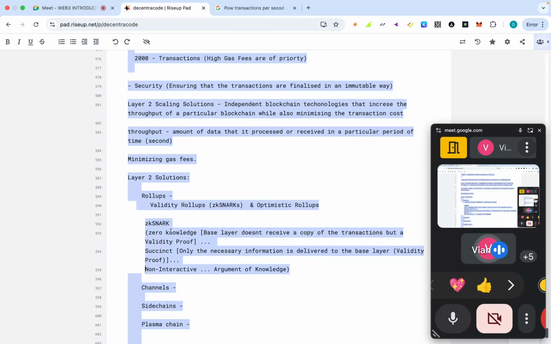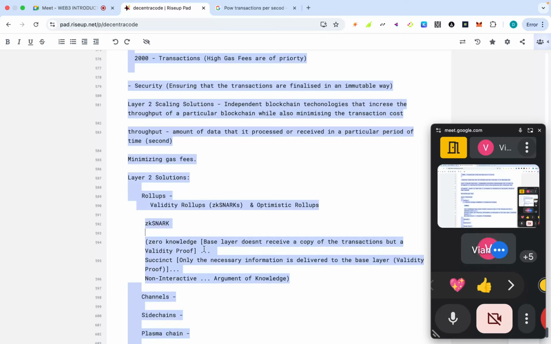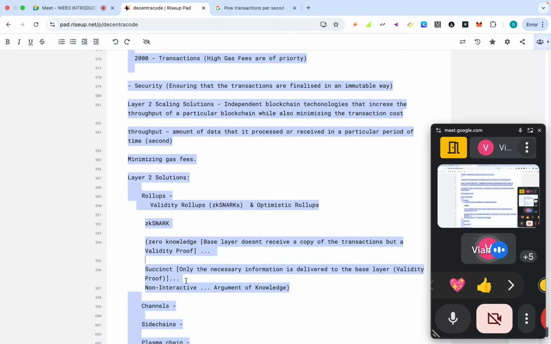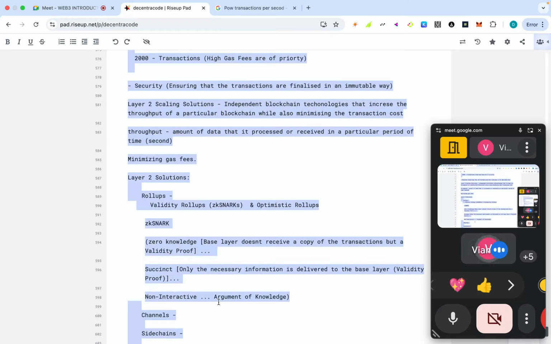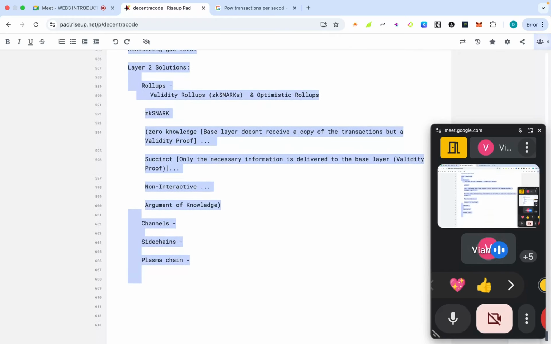I hope that is clear so far. We understand what zero knowledge means. We understand what succinct means. We understand what non-interactive, maybe I'm going to define it now, and what argument of knowledge means. So what we're saying here is that a ZK snark, the full word is this.